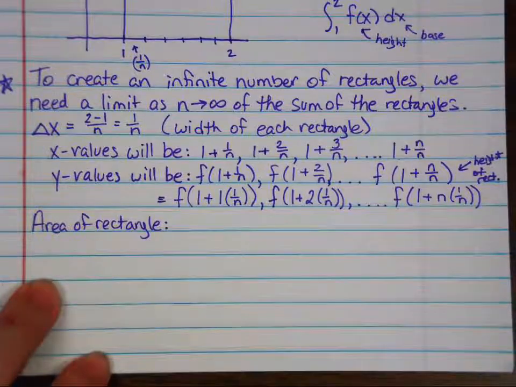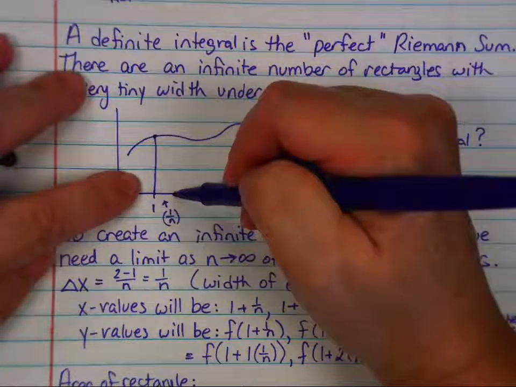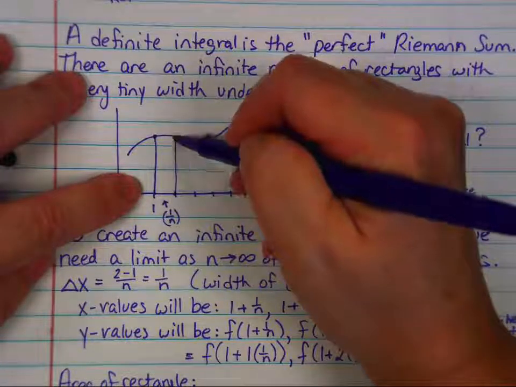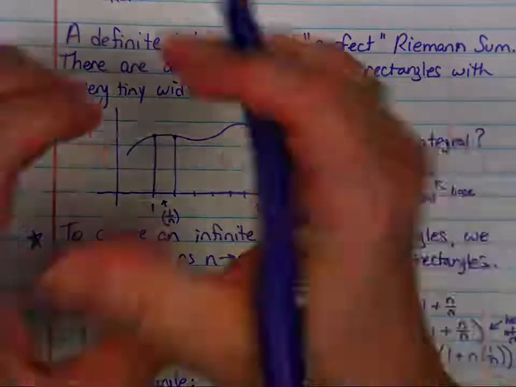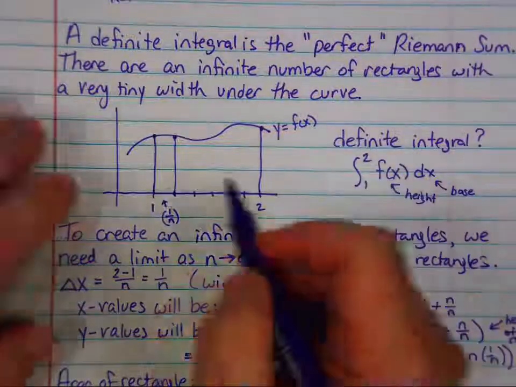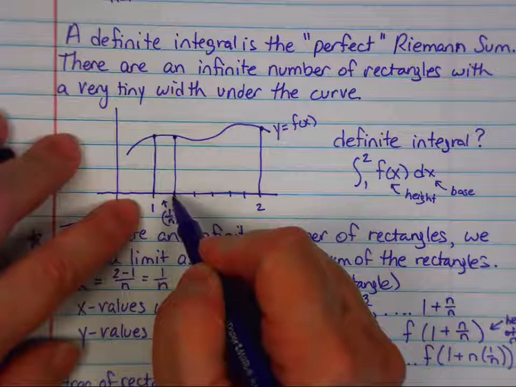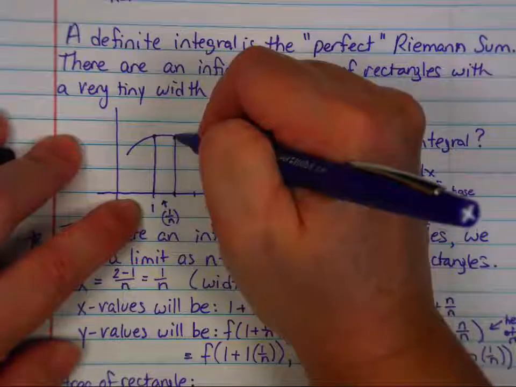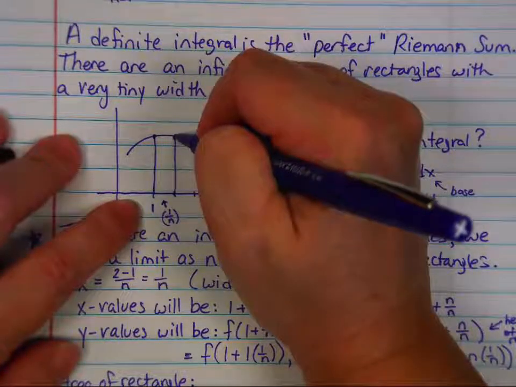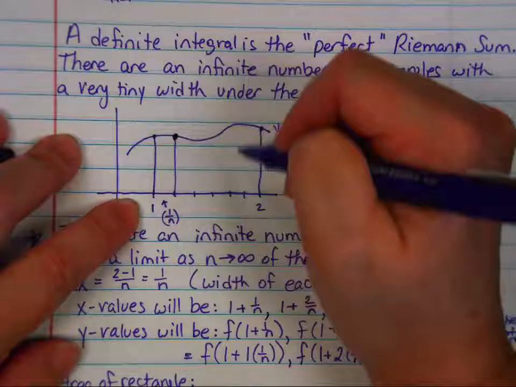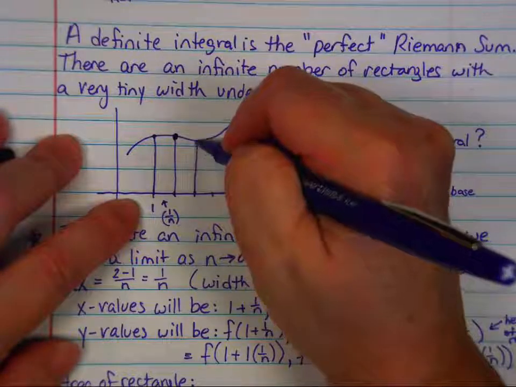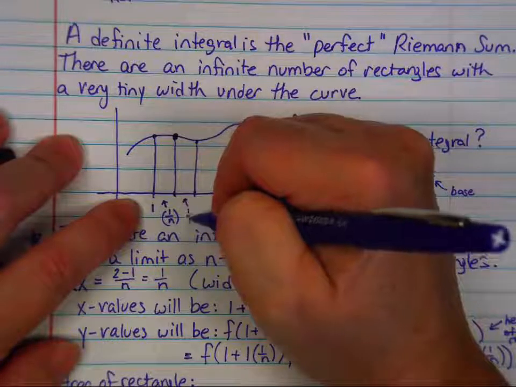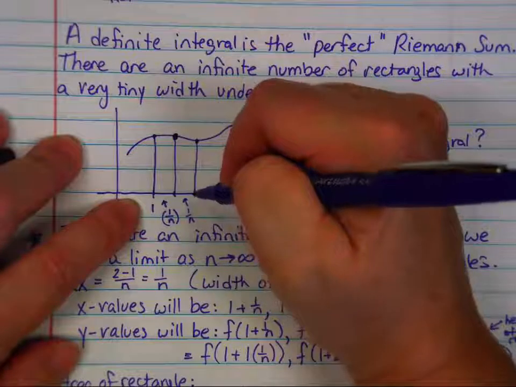Just base times height. So let's pretend for a minute that this right here is my first rectangle blown up really wide. Okay? The base is 1 over n. The height is the y value right there. Do you agree with me? The next one. The base is still 1 over n. The height is the second y value.